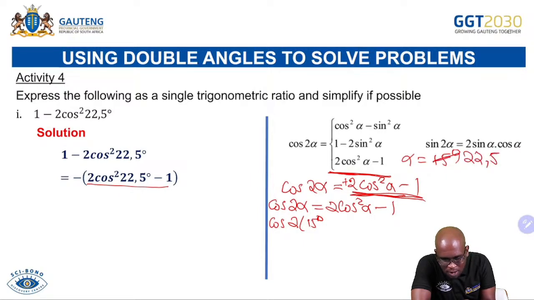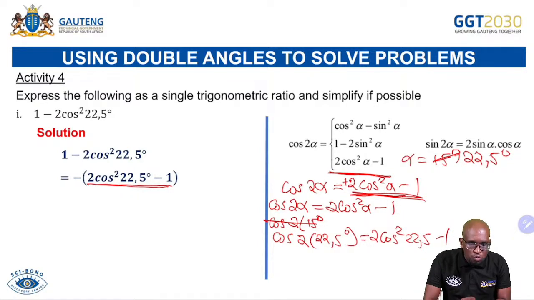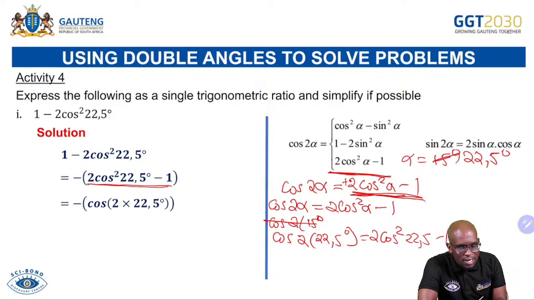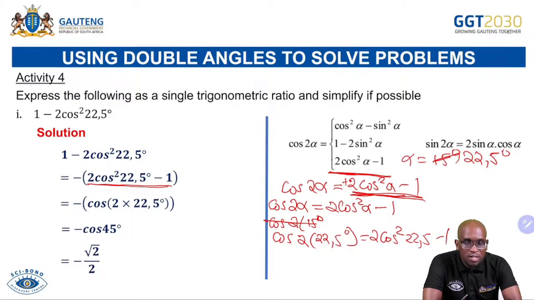Alpha is 22.5, my mistake there. So this would be the cosine of 2 times 22.5, which is 2 cos squared 22.5 minus 1. Simplifying that, we get negative cos of double 22.5, which is negative cos 45, which ultimately takes us to negative root 2 over 2. Right. That's all as far as this problem is concerned.